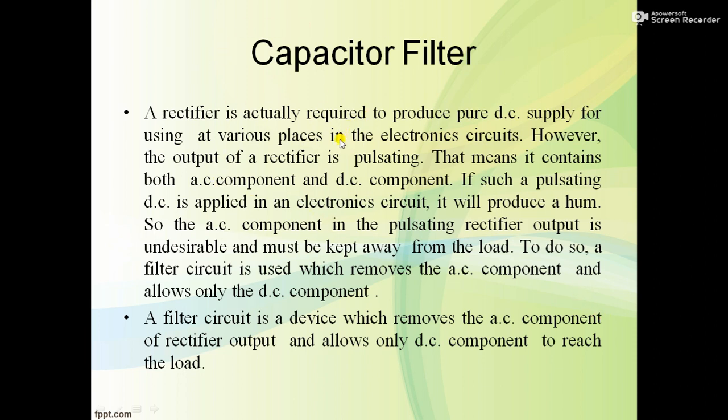Next, the capacitor filter. Already we discussed one concept in the previous slide, that is rectification. A rectifier is used to convert AC to DC voltage, and the DC voltage we get at the output stage should contain only DC, not an AC component. When the DC voltage at the output stage contains some part of an AC signal, we can consider that as an error signal in the DC voltage.